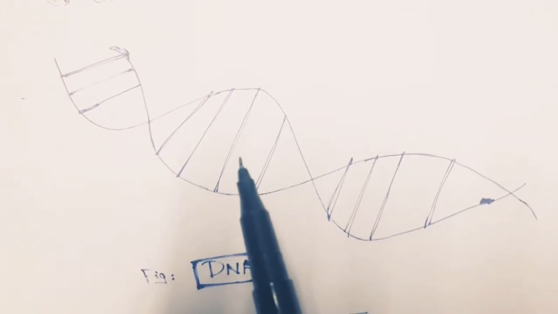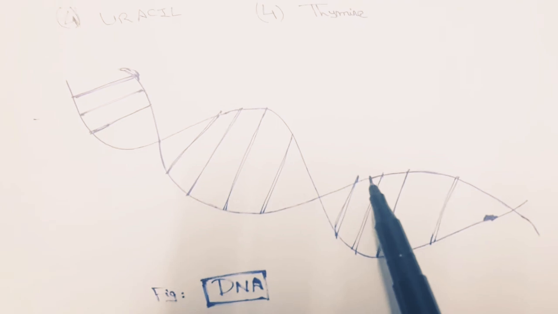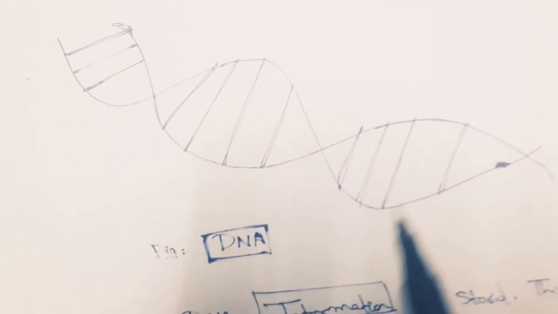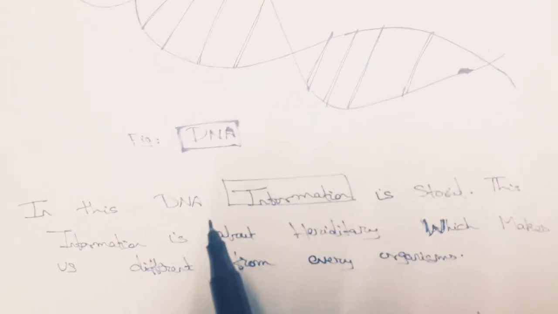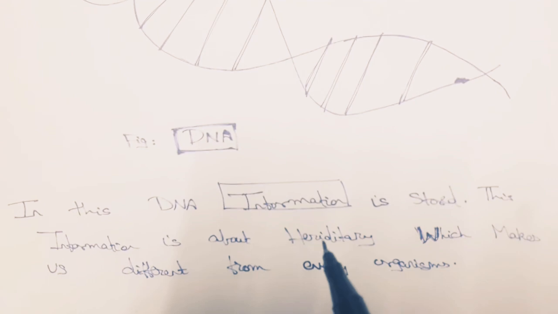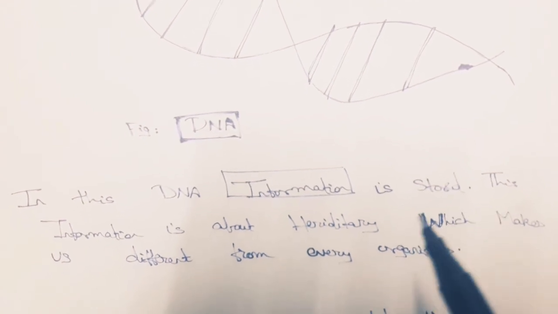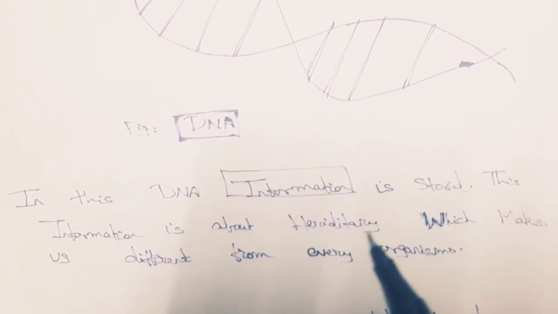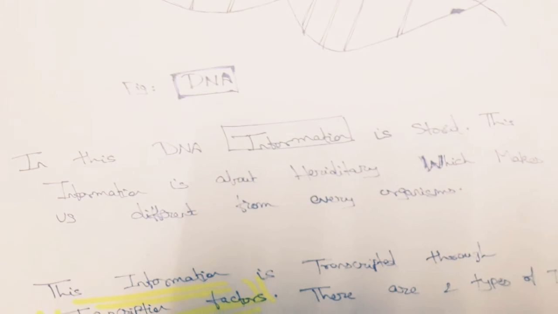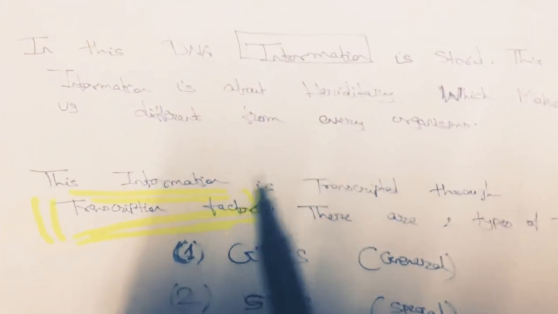Here comes the structure of deoxyribonucleic acid, that is DNA. It is a double helix chain structure, as we all know. Now, in DNA information is stored. This information is hereditary, which makes organisms differ from each other. Now how is this information stored?